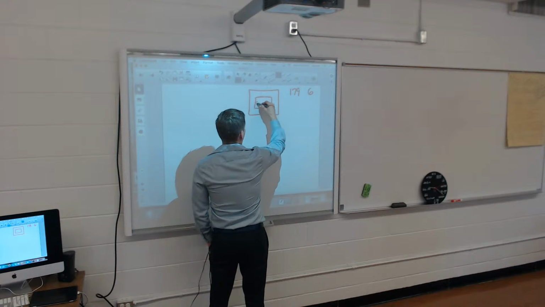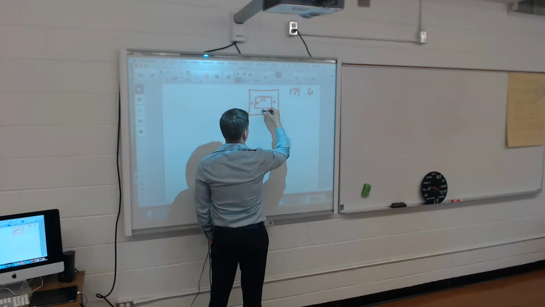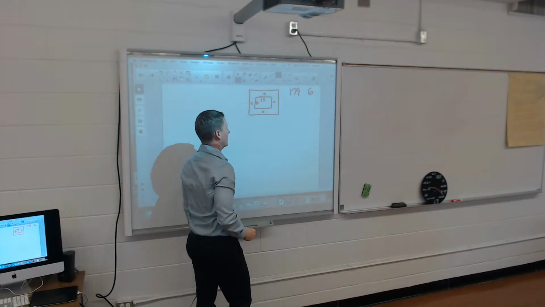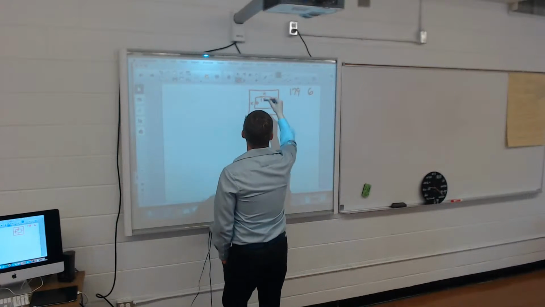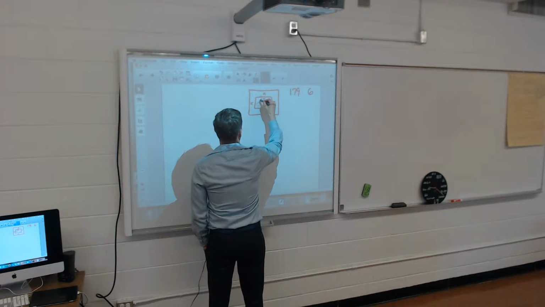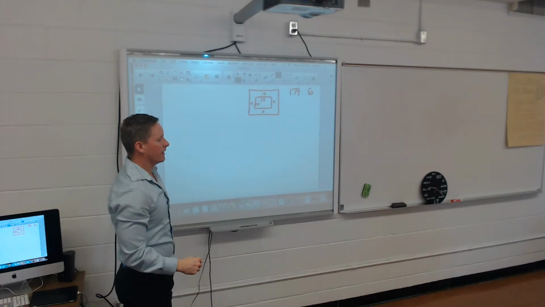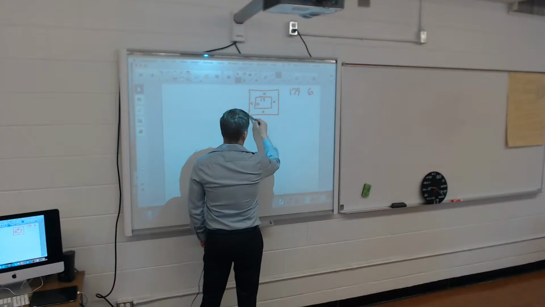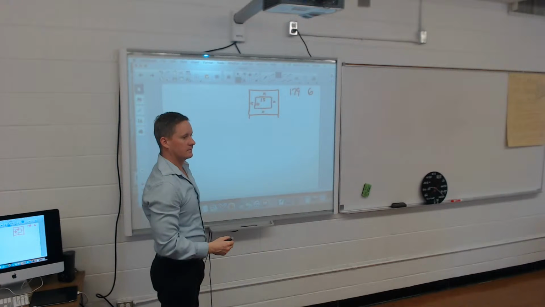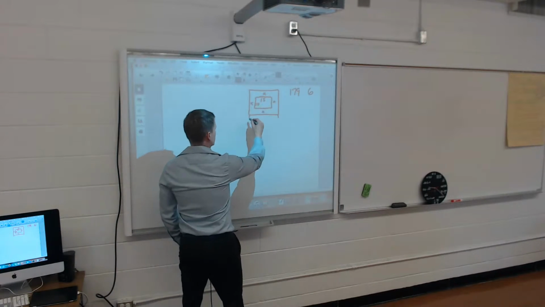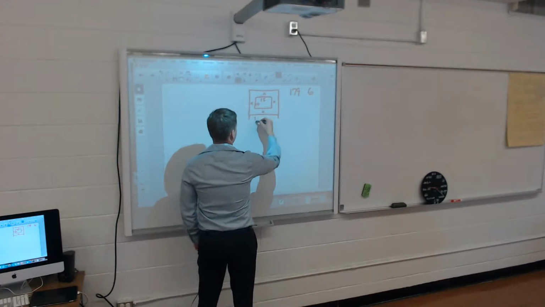So the photo is 10 by 15, and this is X, and this is X, and this is X, and this is X. What is the length on the outside from here to here? 10 plus 2x.